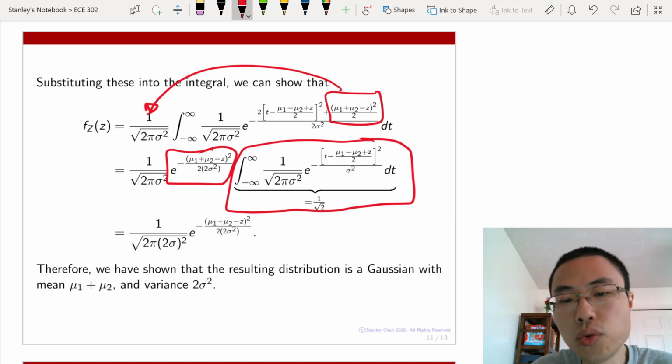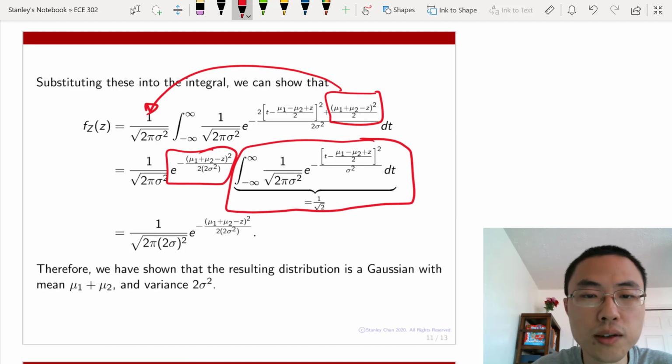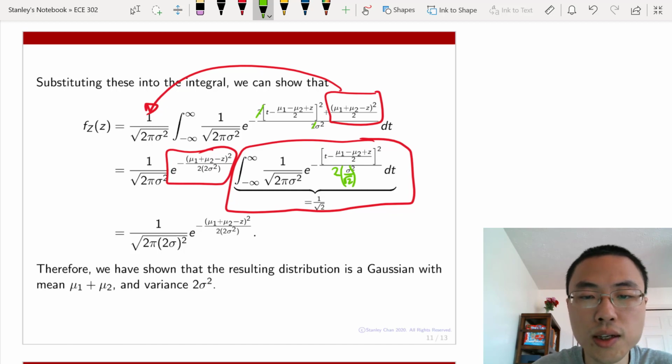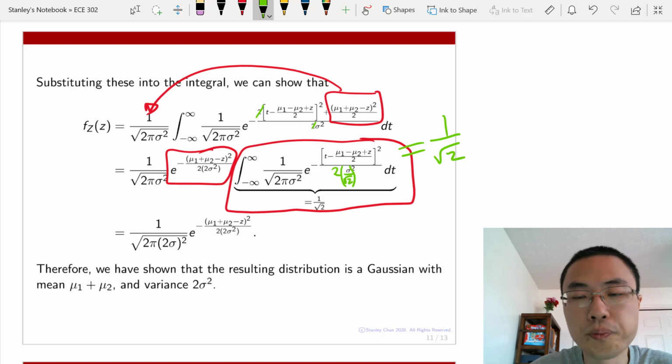And I really do not need to worry about what that something is because that is just a new Gaussian distribution. The only thing you need to worry about is there's a 2 here. The 2 will cancel out with this 2. And so if you want to keep a 2 there, then your sigma has to be rescaled with 1 over root 2. So this integration will give you 1 over root 2.